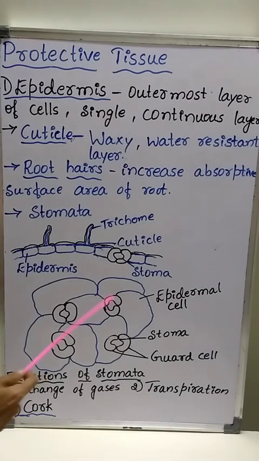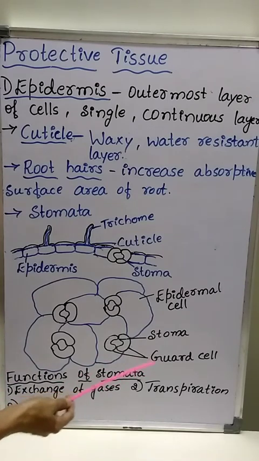In the case of guard cells, chloroplast may sometimes be present. And the turgidity of the guard cell controls the opening and closure of stomata. This turgidity means loss or gain of water by the guard cells.